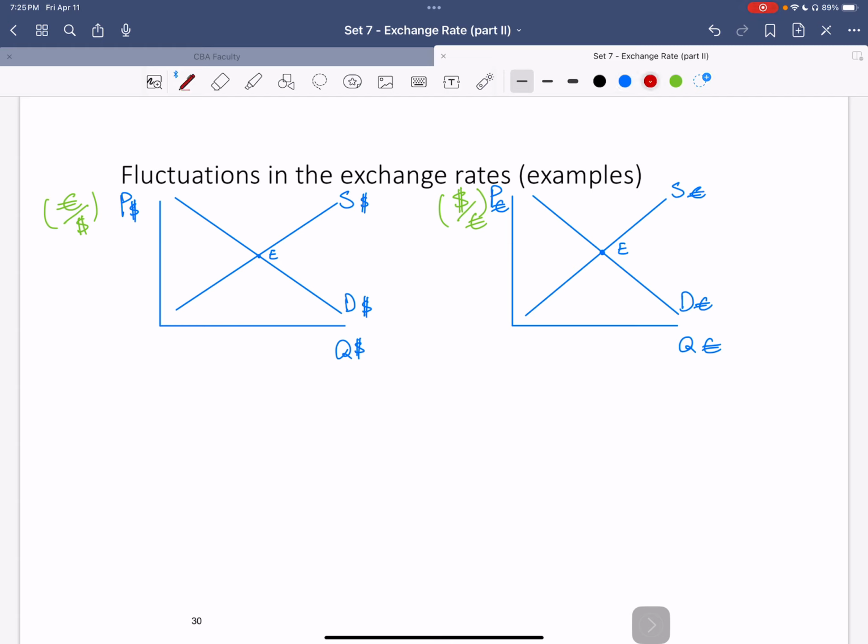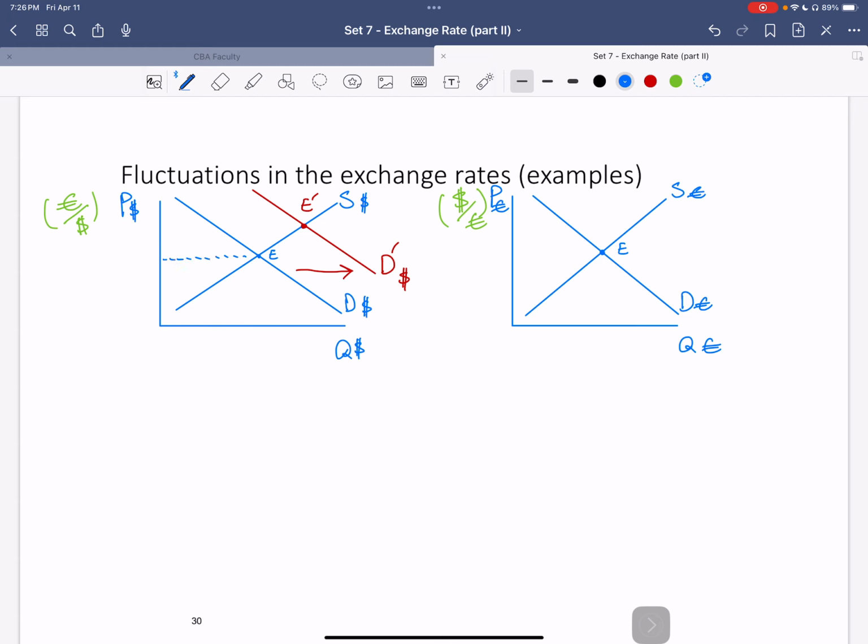Okay, let's say we just experience some kind of increased demand. We're going to talk about possible reasons and factors that could cause this, but we see that demand for dollar shifts to the right, and we're going to have new equilibrium point.